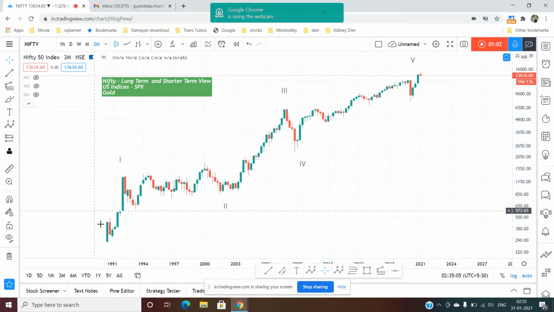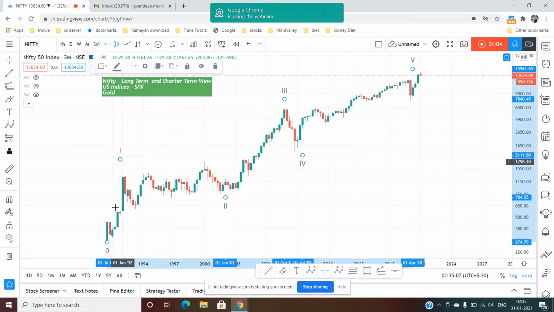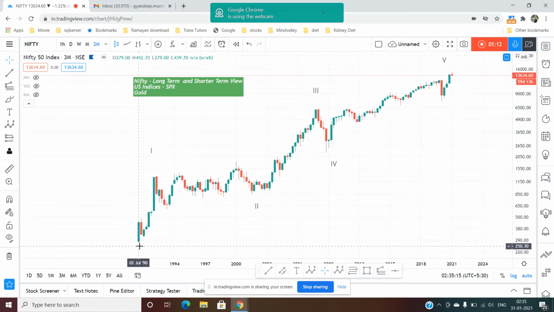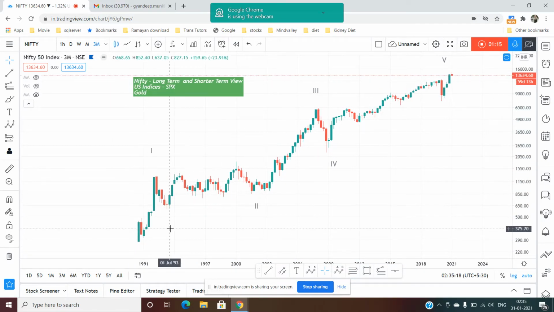So it is divided into 1, 2, 3, 4, and 5. Now you can see we are in the fifth wave right now. Now we'll go to the monthly time frame and we'll see how these waves are divided.